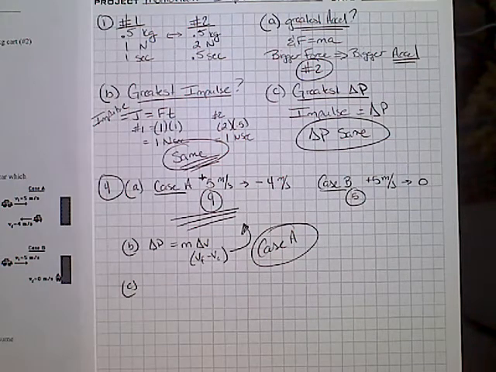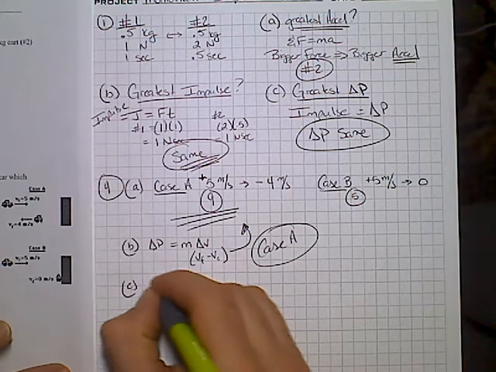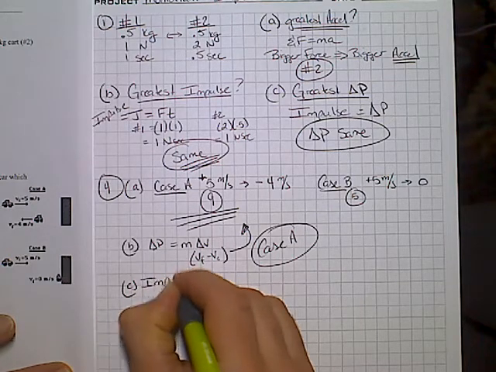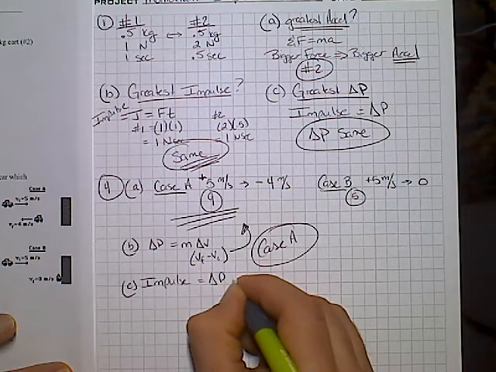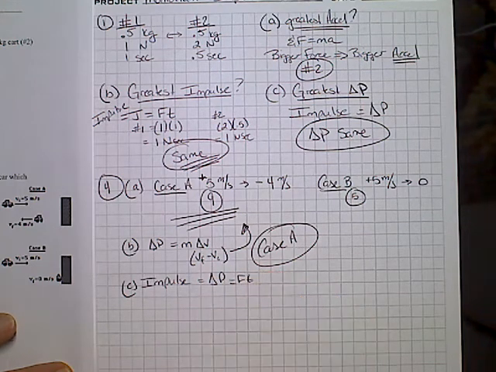Let's take a look at part C. They're all related, right? All these questions are related to one another. In which case, A or B, is the impulse the greatest? So now we know that impulse, by definition, equals change in momentum, which is also F times t.